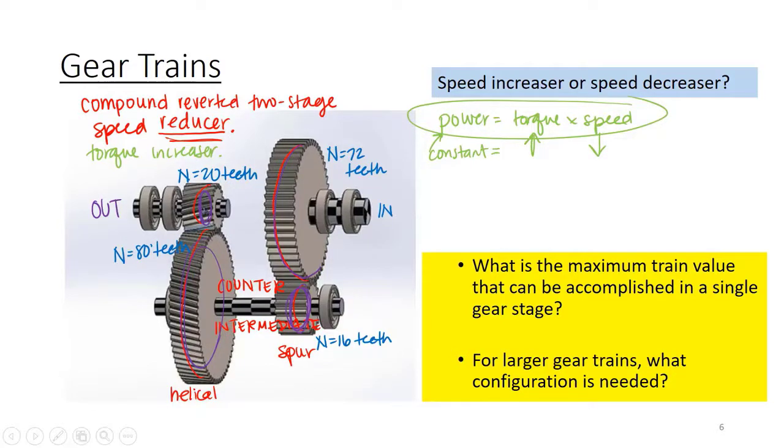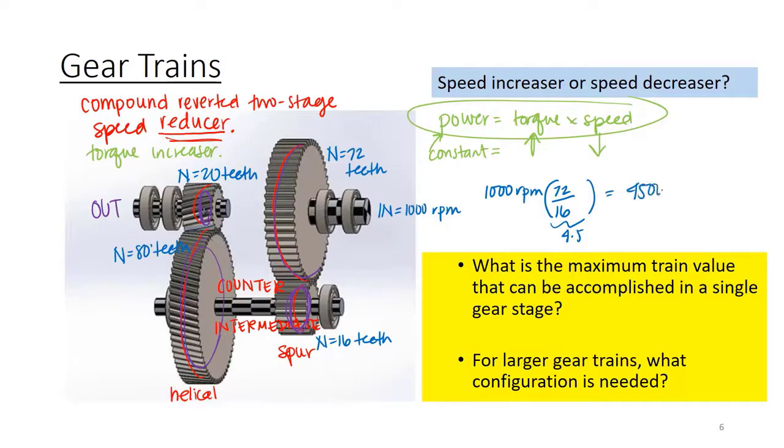All right, so if the right shaft were the input, let's see what we would get in terms of the speed increase. So we're saying 1,000 RPM. So in this first stage, take 1,000 RPM and we multiply it by this ratio, 72 over 16. And this is 4.5.